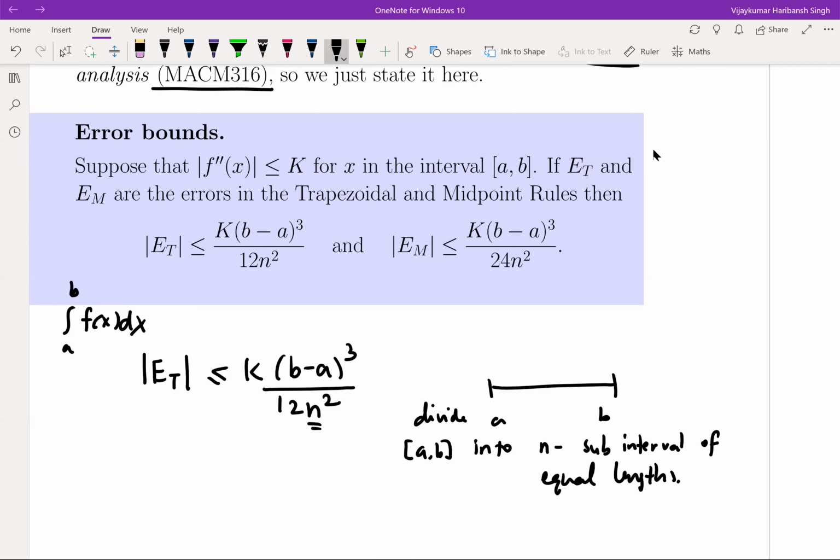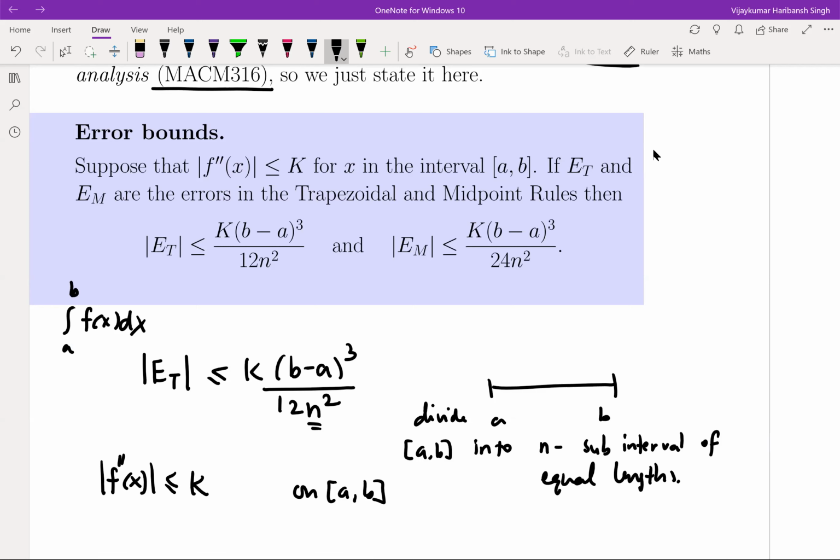Now what is K? K is an upper bound. If you take the second derivative of the function and consider it on ab, the absolute value of f double prime is less than or equal to some K value. Note that the closer K is to the maximum of f double prime, the better the bound you will get.